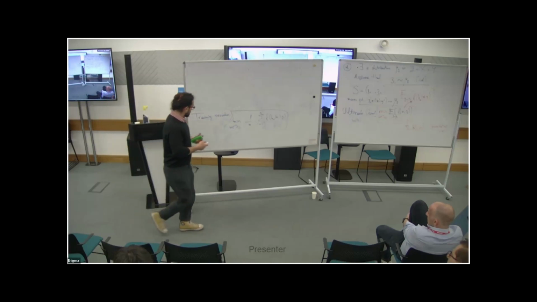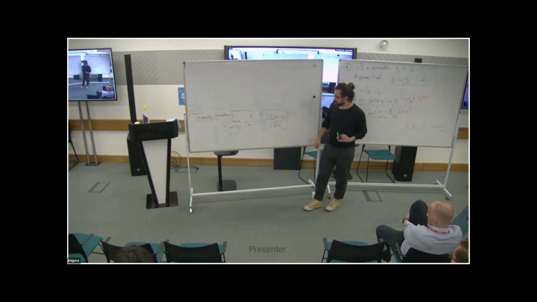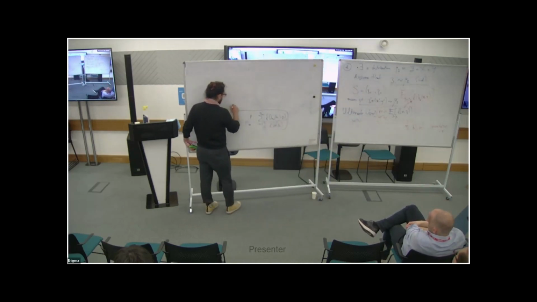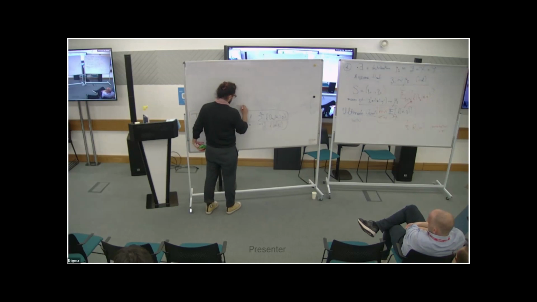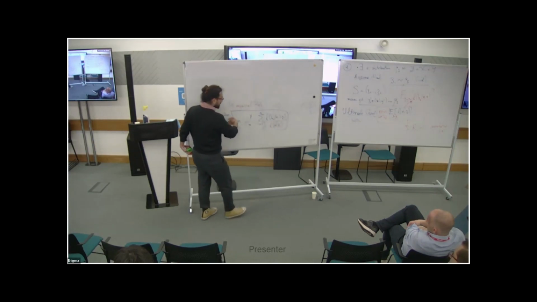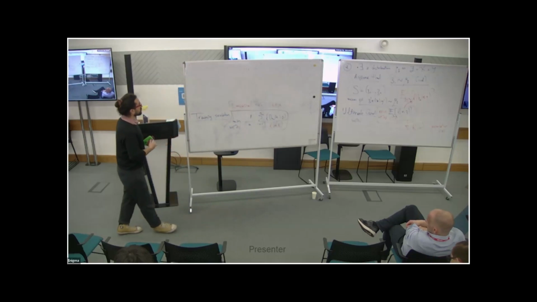In statistics, this is called, and I'm going to use a new notation for this function, L of W, Z_i, where x_i, y_i form Z_i. This is called the empirical risk. And the minimization of this problem is called empirical risk minimization. ERM is one of the biggest keywords for machine learning.